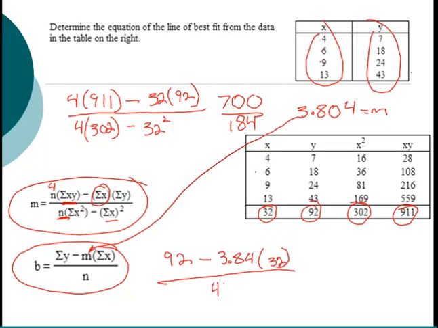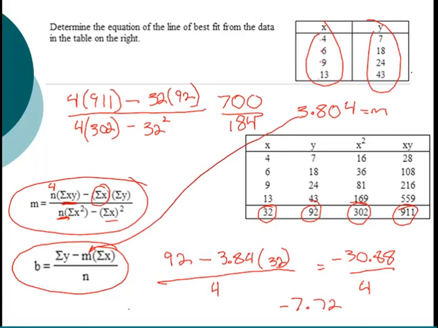Okay, so if I type this in, I get 92 minus 3.804 times 32, which gives me negative 30.88, over 4. So I divide that by 4, and I get negative 7.72.